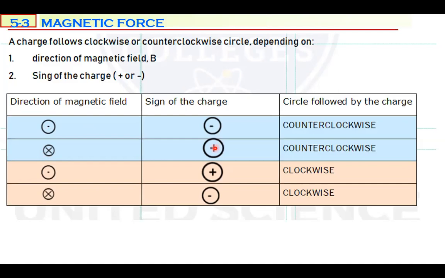A positive charge inside a magnetic field into the page, or a negative charge inside a magnetic field out of the page, always follows a counterclockwise circular path like this. But if the charge is positive and the magnetic field is out of the page, or the charge is negative and the magnetic field is into the page, in this case the charge will follow clockwise circles. And this table is very important.